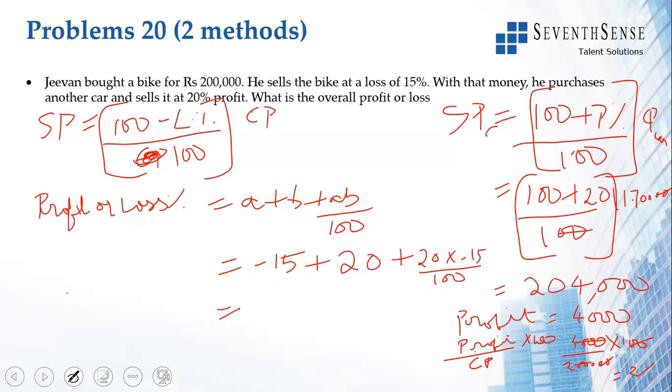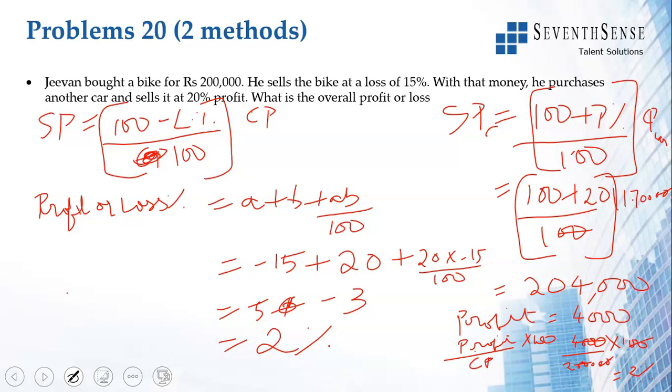So minus 15 plus 20 is 5, plus 20 into 15 is minus 300 by 100, which is equal to, this is not plus, this becomes 5 minus 3. So you get 2% profit because it's plus, but 2% is the profit.